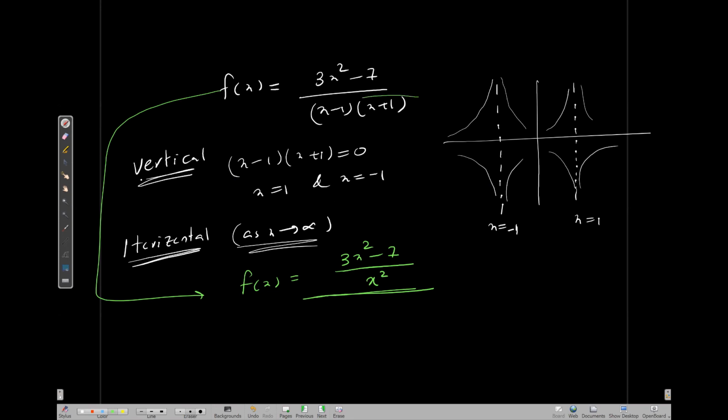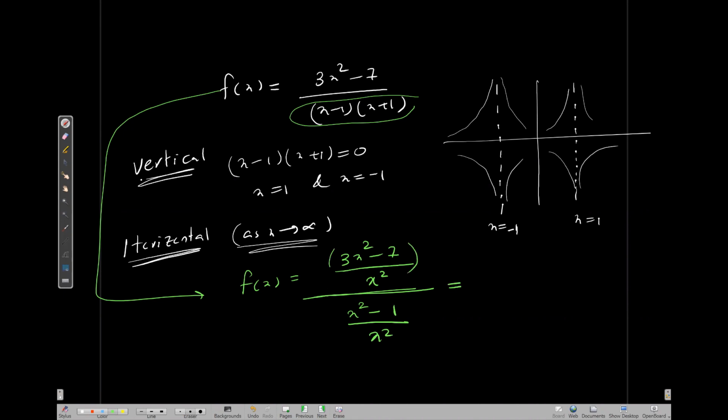And the denominator, it's already factored, so I would multiply x minus 1 times x plus 1, that's a difference of two squares, x squared minus 1. So I divided my top and bottom, numerator and denominator, both by x squared.